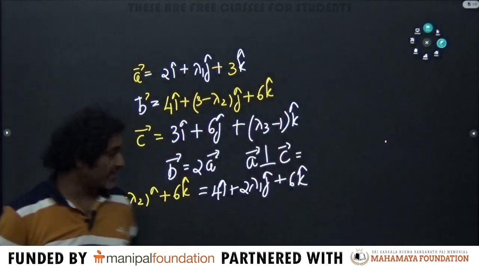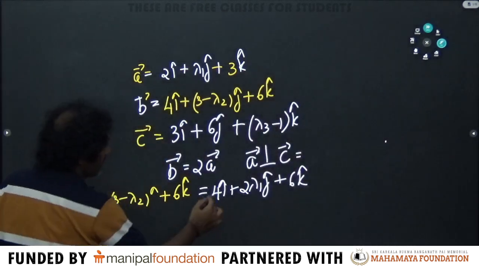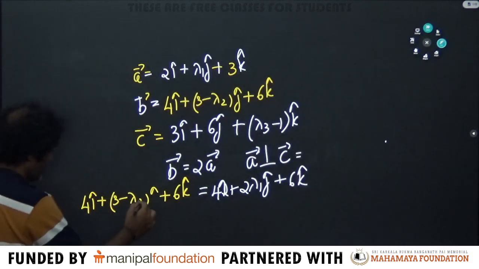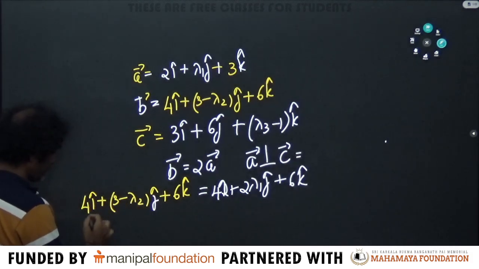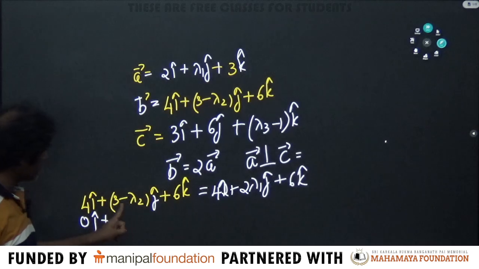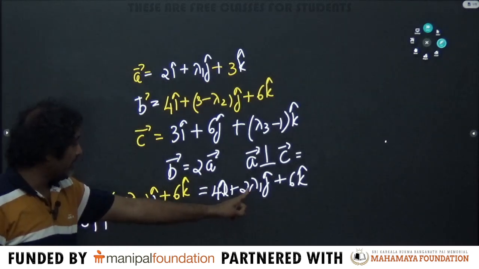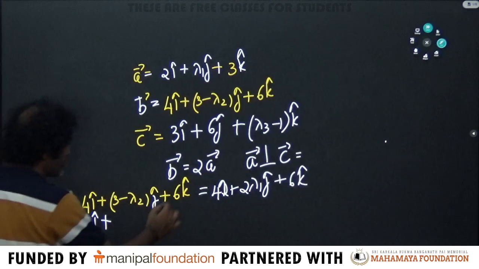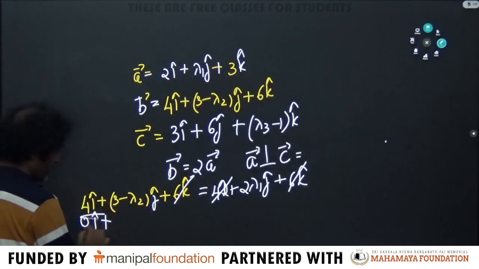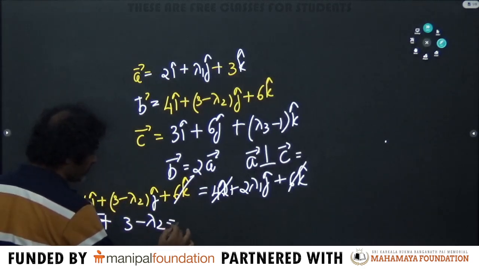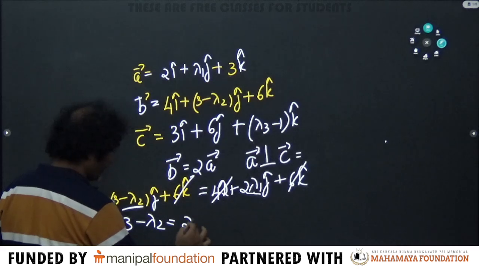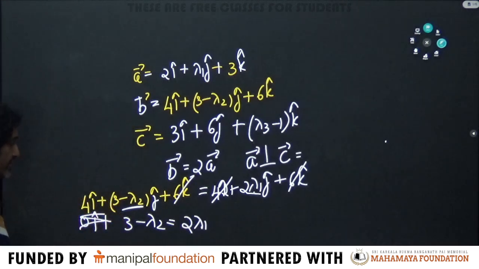Whatever is possible to eliminate, eliminate. First open this. 4i minus 4i gone, 0i. 3j. This also gone. Both will go. So here only some relation we get: 3 minus lambda 2 is equal to 2 lambda 1. So one relation we got, correct?